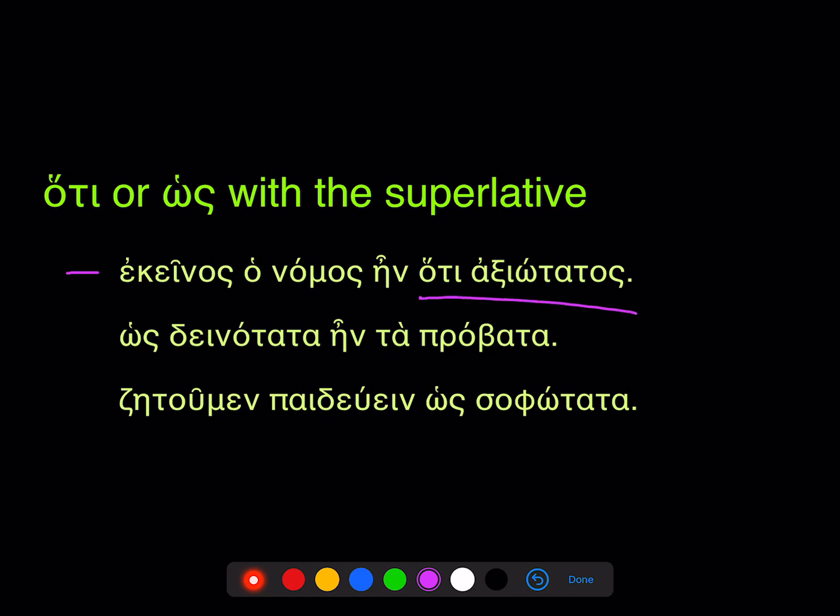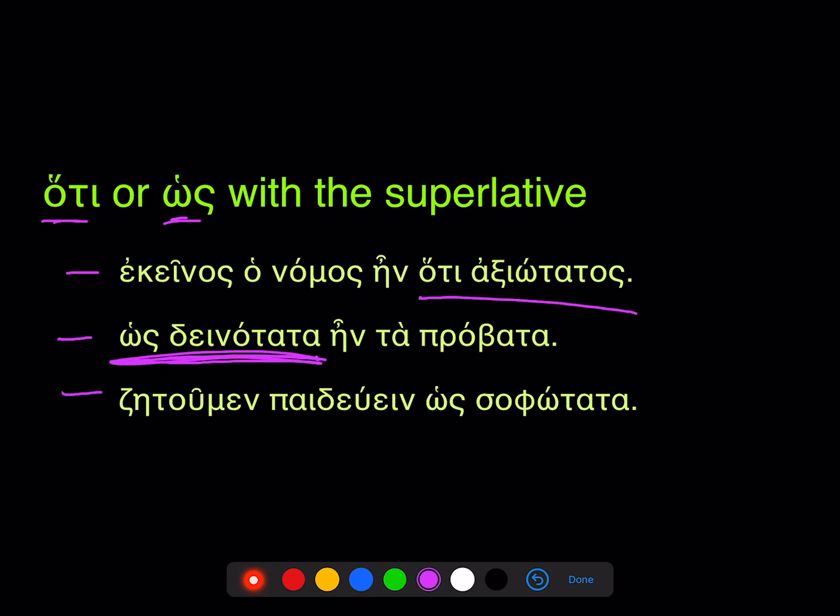That law was as just as possible, as worthy as possible. Hōs deinotata ēsan ta probata. The sheep were as clever as possible. Hoti and hōs mean the same thing. There's not a difference between them. So those sheep were as clever as possible.